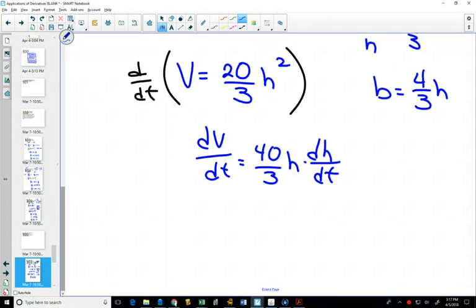And what are we trying to find? We're trying to find the rate at which the height is changing when the height is 1 and the volume is being poured in at a rate of 3 cubic feet. So this is 3. This is 1.